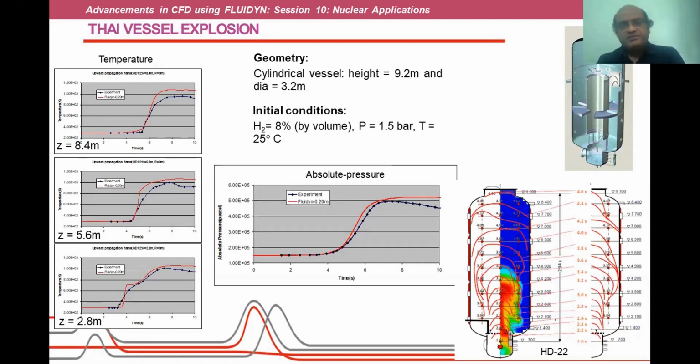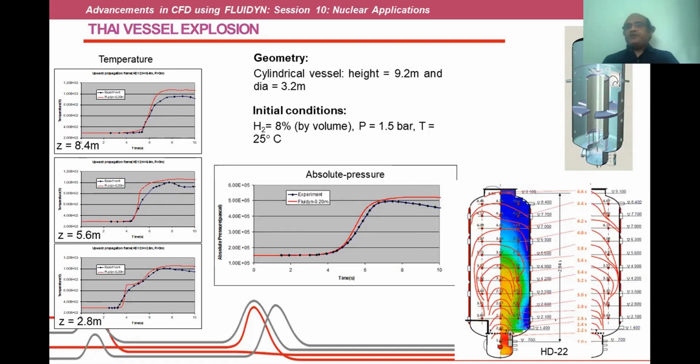One challenge while modeling combustion in this scenario, which is different from the normal use of combustion in simulating the flows inside combustion chambers of gas turbine engines or IC engines and in various places, is that here the total domain size is huge, a 9-meter long vessel, and the flame has to pass through this whole region.